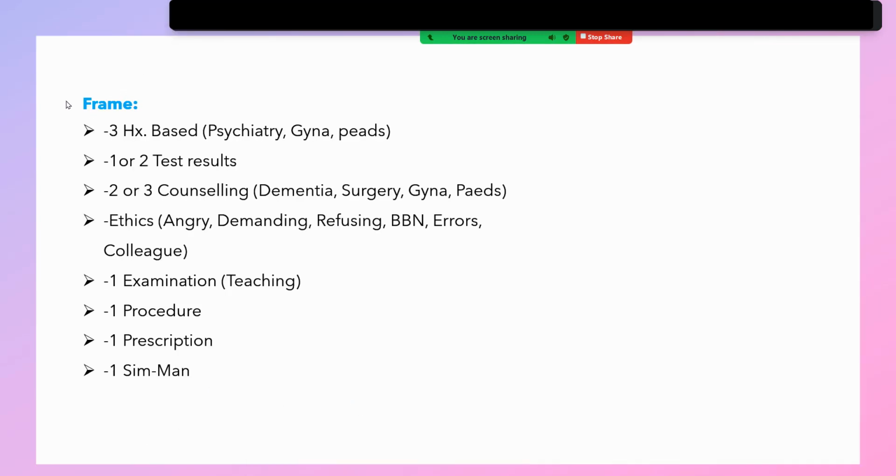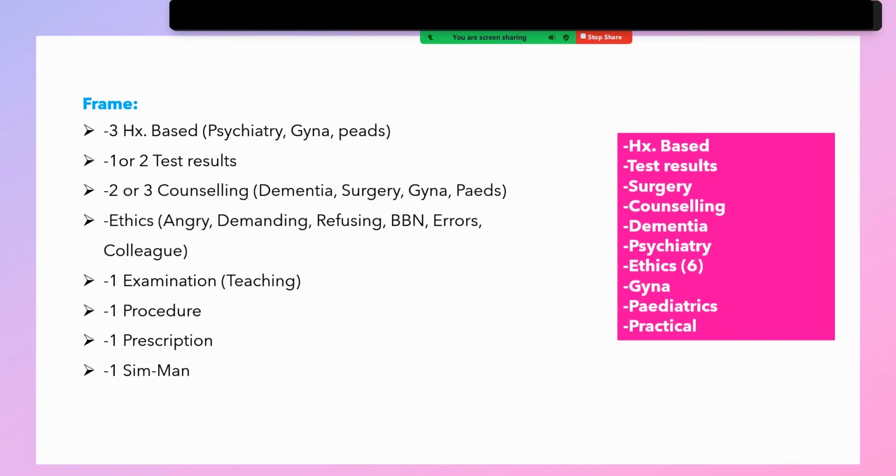The exam frame. There is no specific frame for the exam, but let's talk in general. And before we talk in general, I just need to give you an idea about the approaches that you will learn in PLAB 2. What are the approaches?